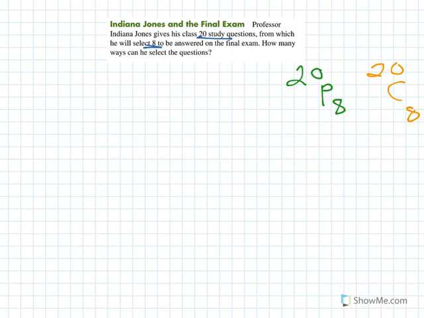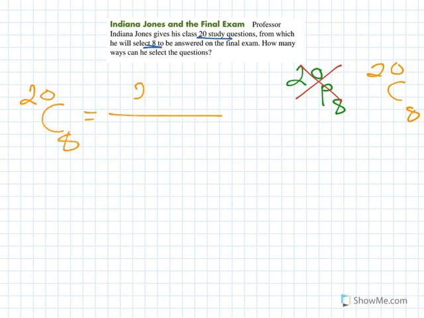You ask yourself only a simple question: does order matter or not? Of course, if you're choosing questions, the order does not matter. You can choose any 8 in any way. It doesn't matter which one you choose first or which one you choose last. So I'm not going to go with the permutation because it doesn't work in this example. So the answer is pretty much the yellow one, which is 20 C8.